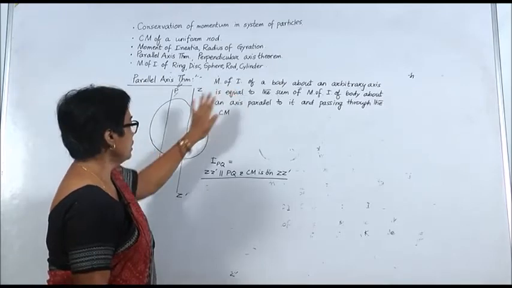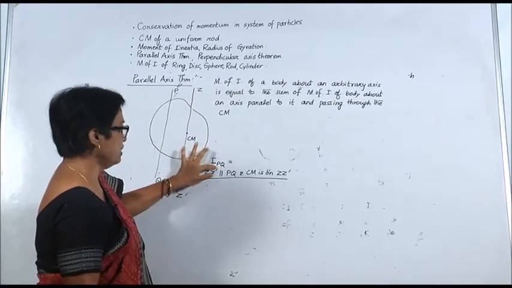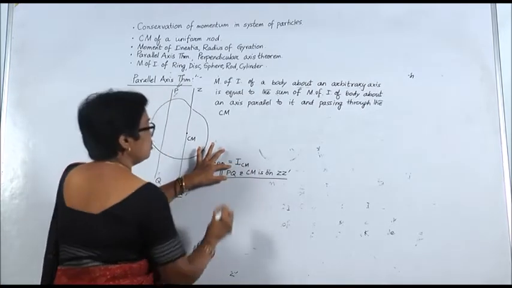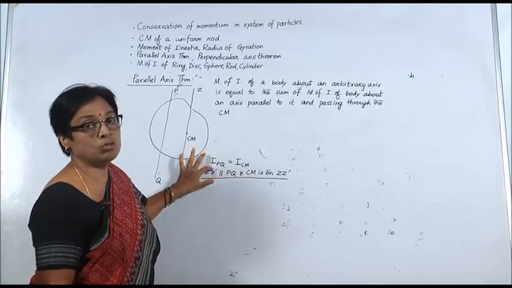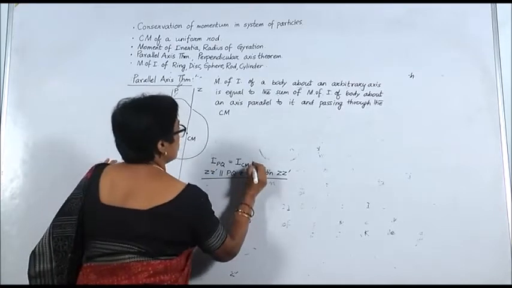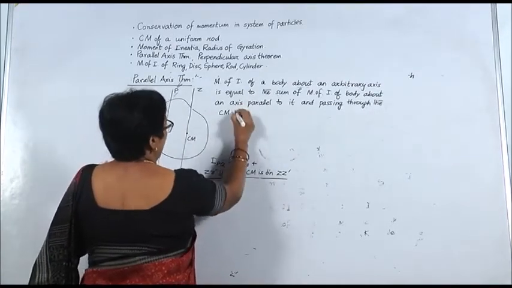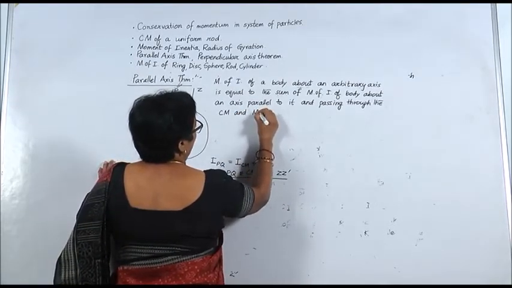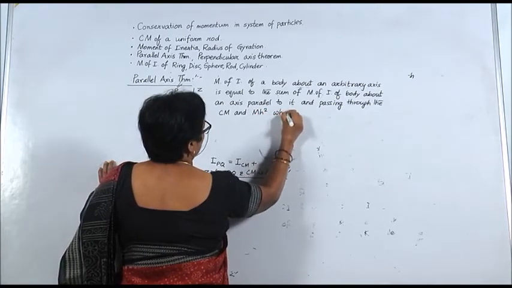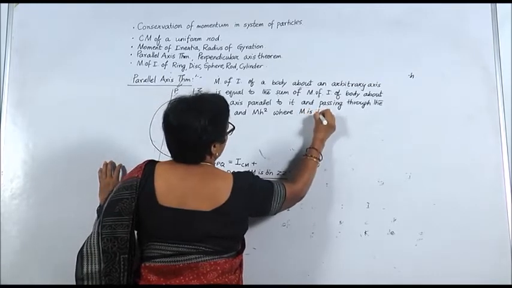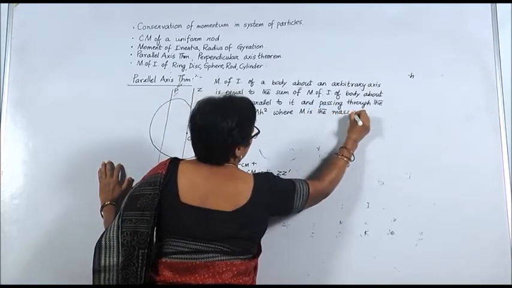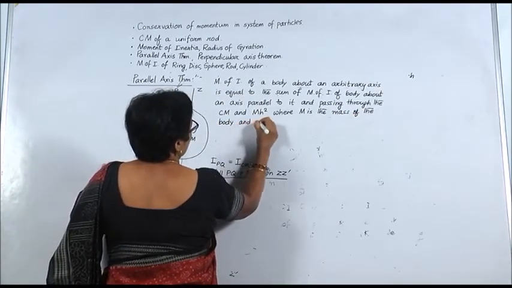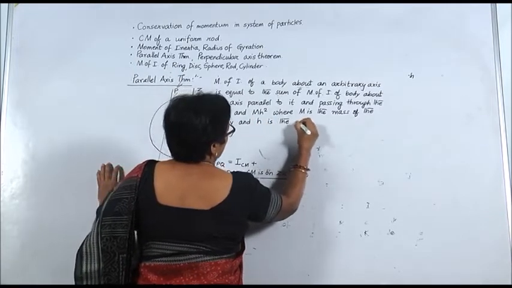Then the moment of inertia of the body about an arbitrary axis is equal to the moment of inertia of the body about an axis passing through the center of mass, and this axis must be parallel to this arbitrary axis, plus m h square, where m is the mass of the body and h is the separation between the two axes.